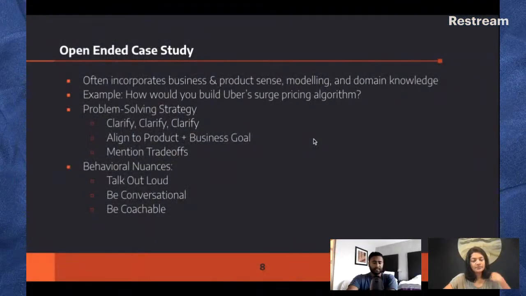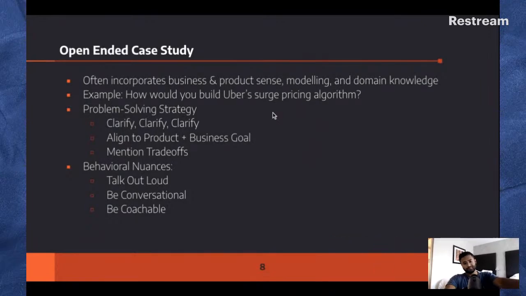So, can you guys see the screen of what these are? So guys, pretend you have a question like this. This is an example of an open-ended case study question. It's a little different than product sense, but they kind of get bundled together. As I mentioned, product sense is like, how do you improve the product, or what metrics would you use for success?